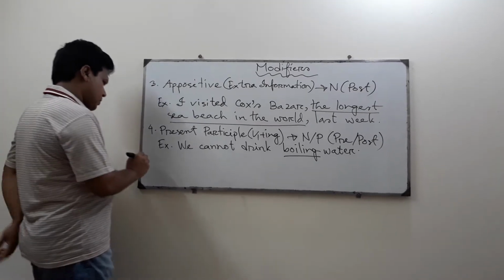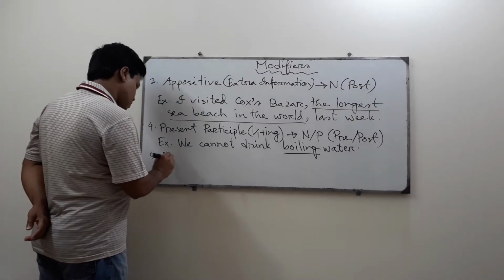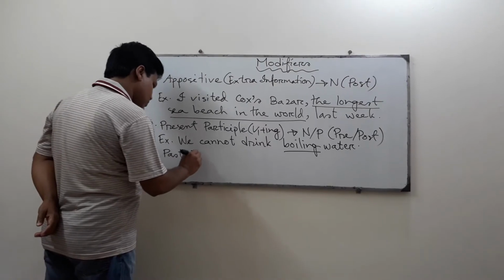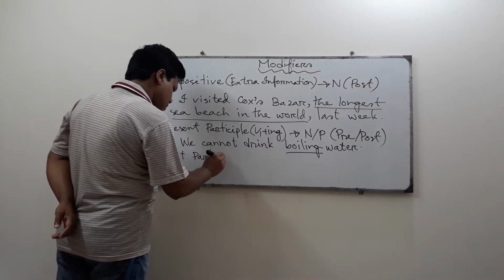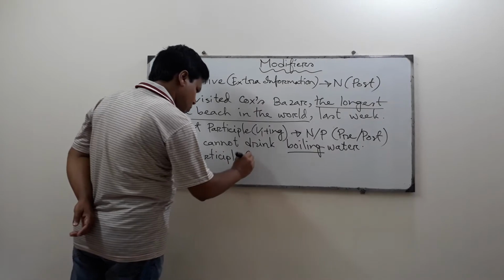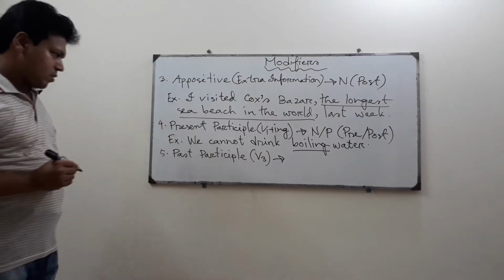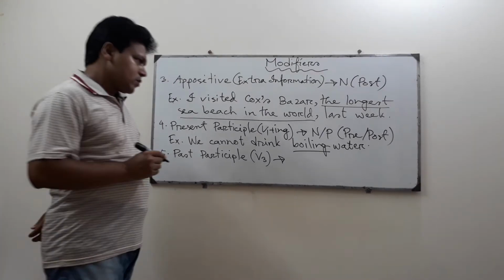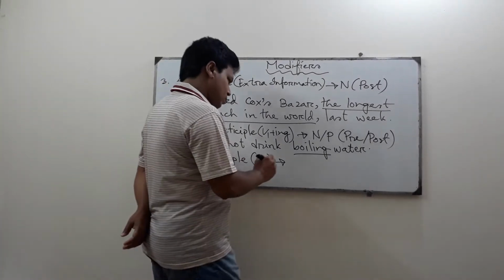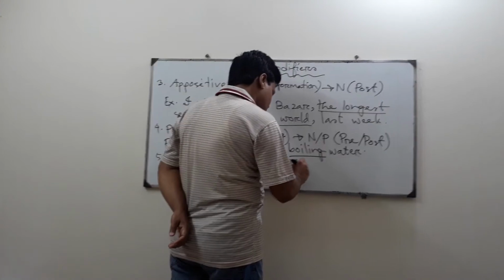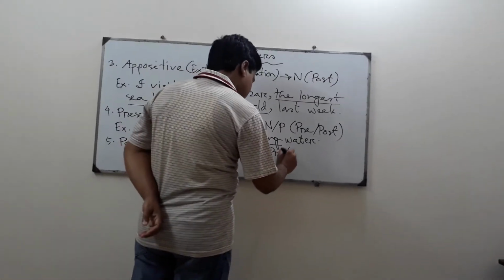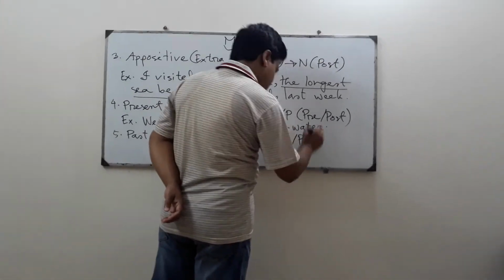Again, past participle. We know that past participle is another kind of participle, and it also modifies noun or pronoun, and it may be a pre-modifier or post-modifier.